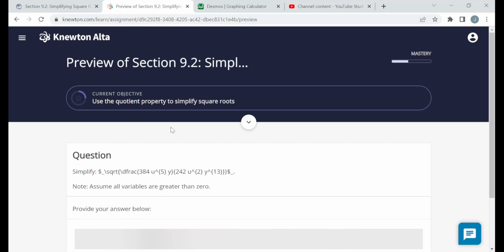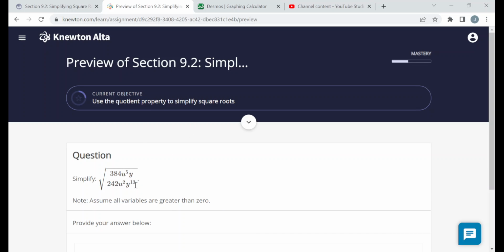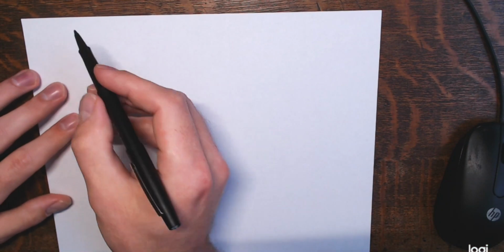Okay, back to quotient property. Well, we saw 272 and 324, so these are different. But again, I'll write this out, and we'll do some factoring and simplifying of the fraction first before we use the quotient property and then the product property to simplify the square roots.